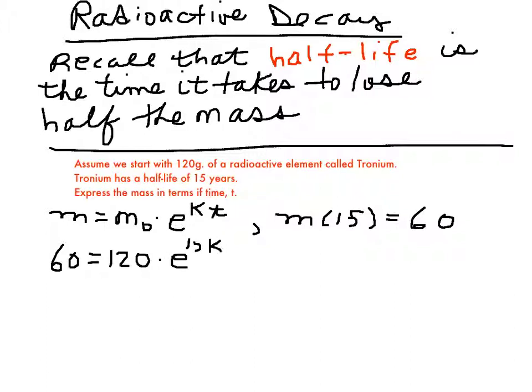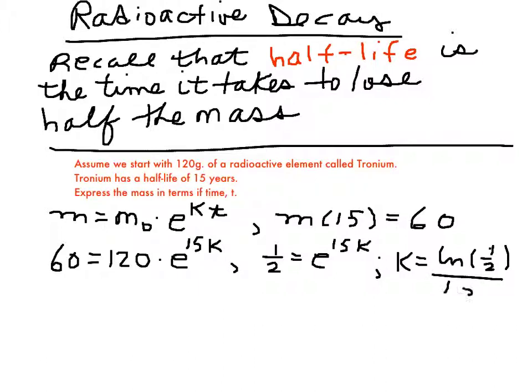Alright? So what that gives us then is 1/2 is equal to e to the 15k. And if we solve that for k, we get k is equal to the ln of 1/2 over 15. So that's an important intermediate result.